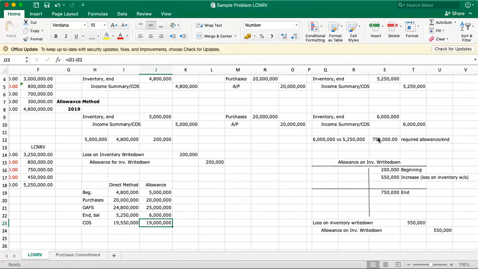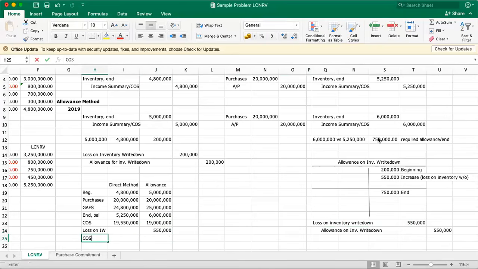Diba? So, on 2020, the treatment of the loss on inventory write-down is that it is added to the cost of sale. So loss on inventory write-down, that's 550,000.